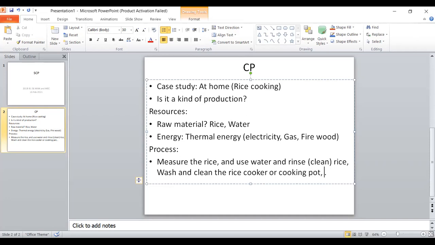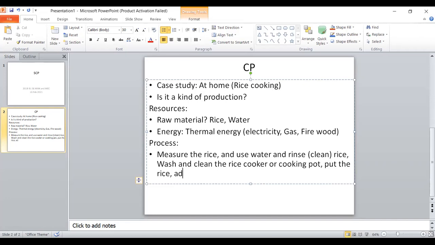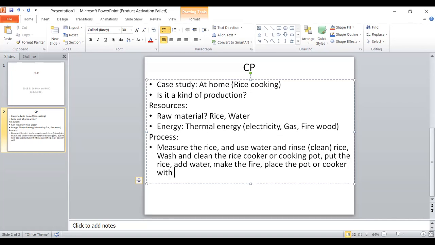So after that, put the rice, add water, then make the fire and place the pot or cooker with rice and water on the fire.